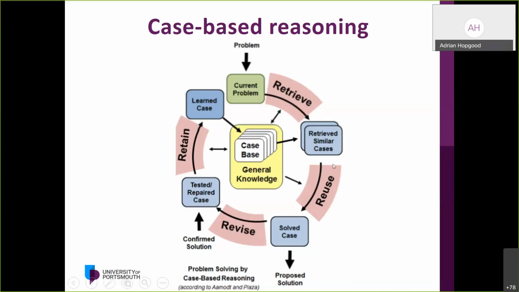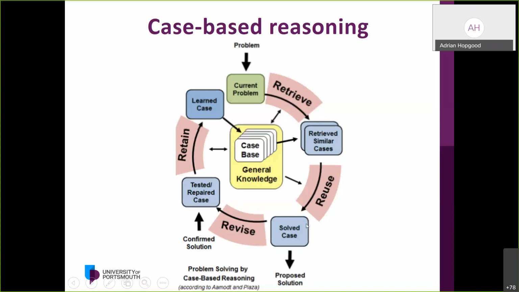Then the most similar or the most relevant will be picked out to reuse. If that past example is an exact match and happens to exactly solve the current case, that's perfect, and then we have a solution. But more typically, it might need to be revised and refined for the new scenario, and then it can be applied to the new case.